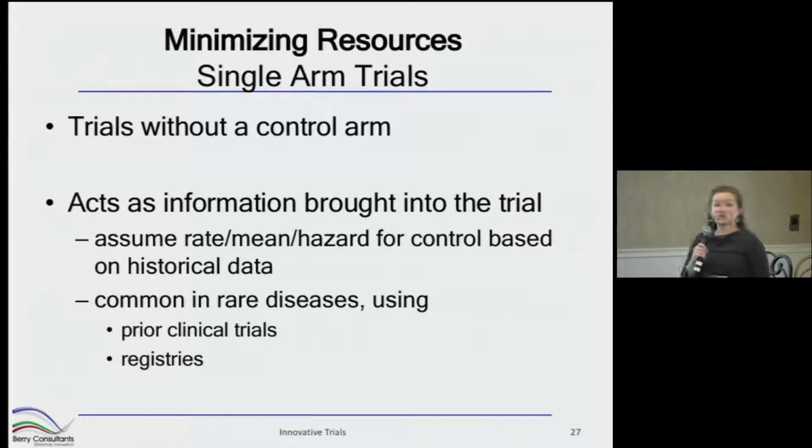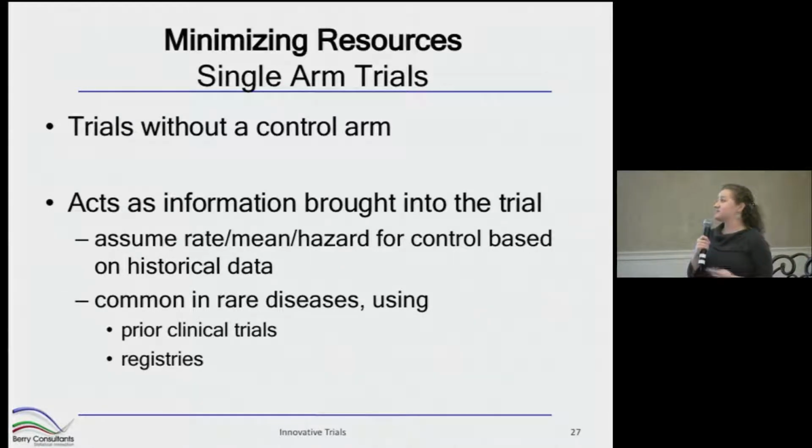So when we run a single-arm trial, what that really means is we're assuming that we have some information external to the trial that we're going to bring into the trial. So we've essentially made some assumption about what patients might have looked like if we had a control arm. So we've made an assumption about what our average rate is, about what our response rate is, assuming that's what the behavior is for patients that would have been assigned to a control arm.